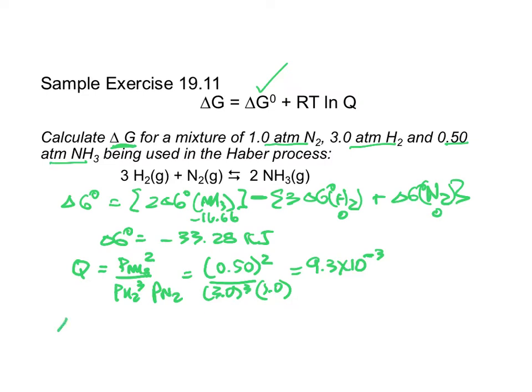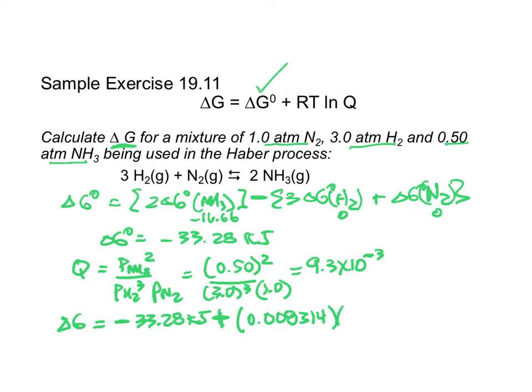Now what I'm going to do is put it into the delta G equation. I have my delta G0 of minus 33.28 kilojoules. I will then add to that the correction factor. R is the gas constant in energy units, 0.008314.